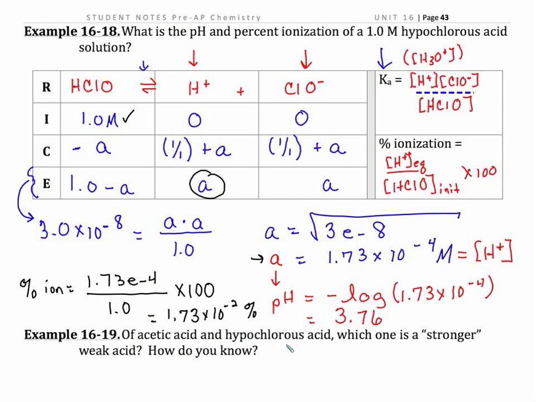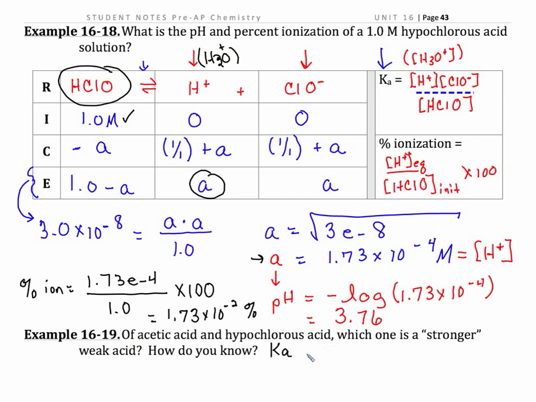Tiny, tiny, tiny percent. This favors staying together in the HClO form much, much more than it does donating that H+ to the water to form H3O+, or freeing up that H3O+.